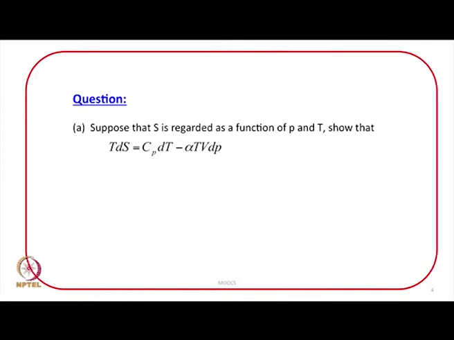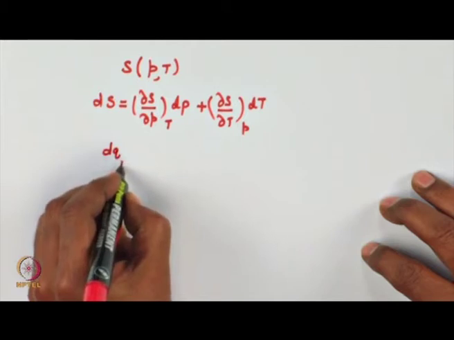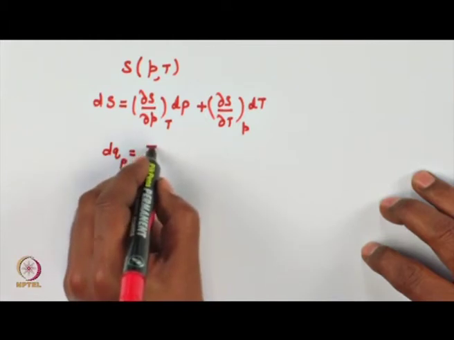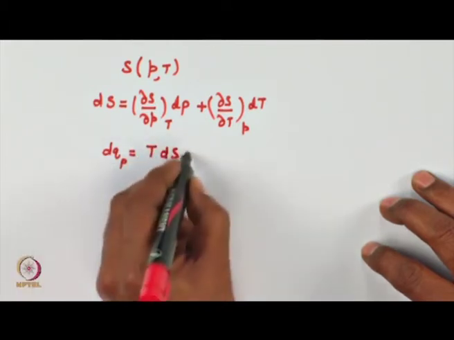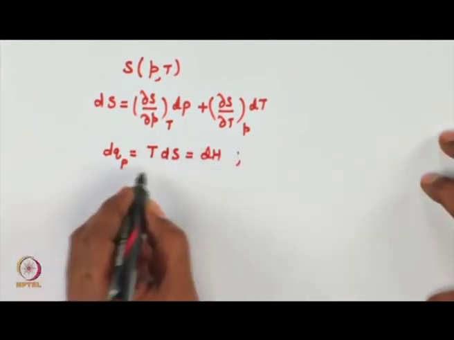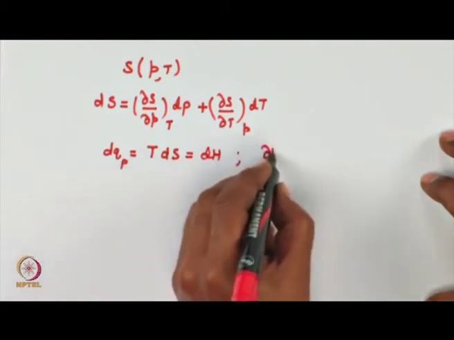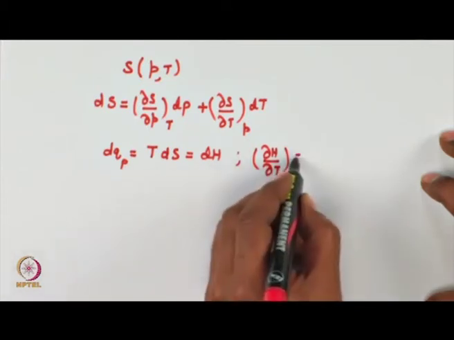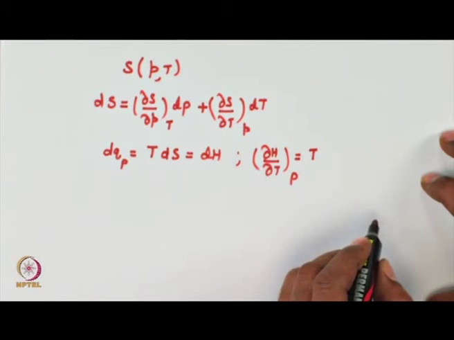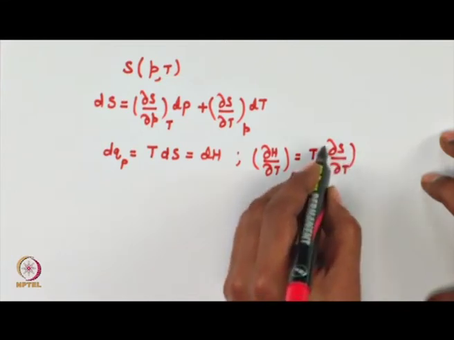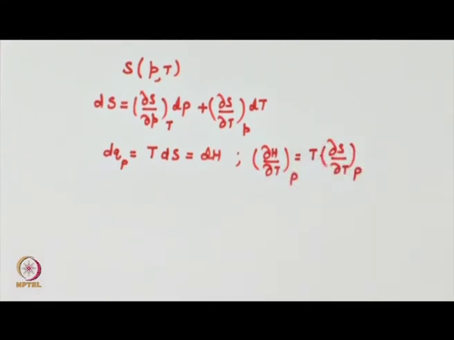You know that dq at constant pressure is equal to dH, and dq is always equal to TdS. So from this equation, can I write dou H by dou T at constant pressure is equal to T into dS by dT at constant pressure, right?